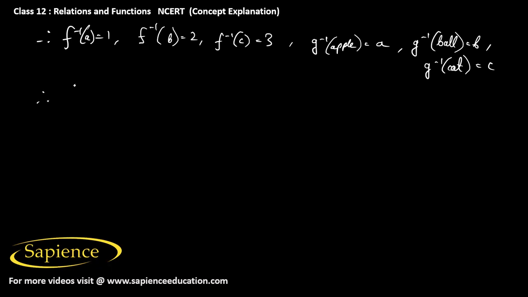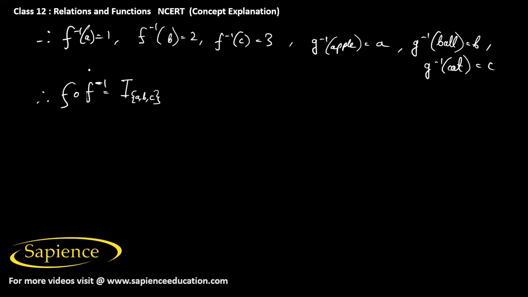So now, therefore, f of f inverse is equal to the identity on the set ABC.